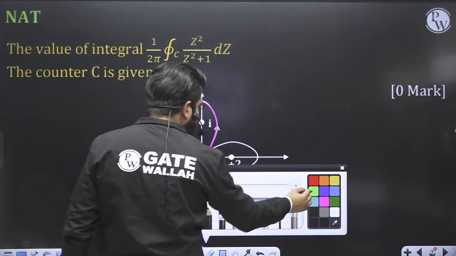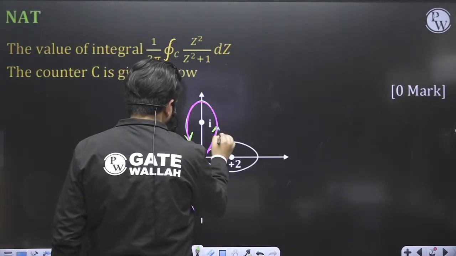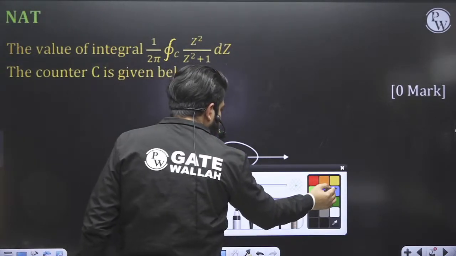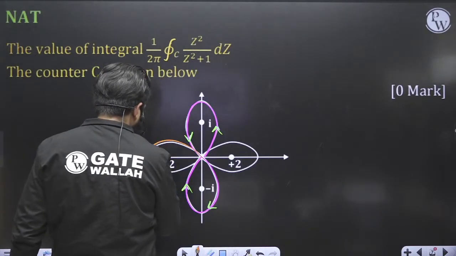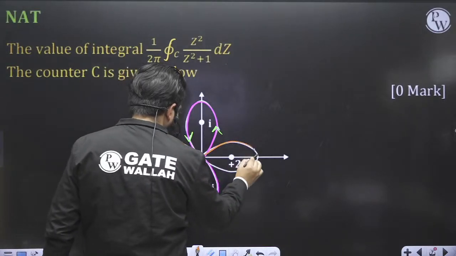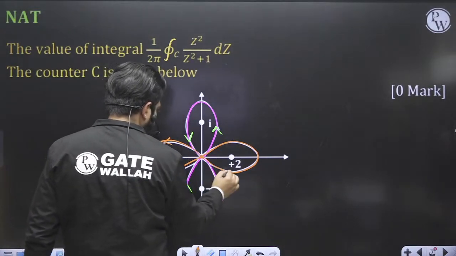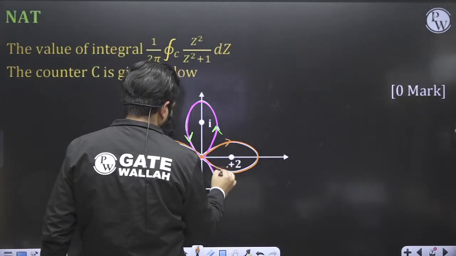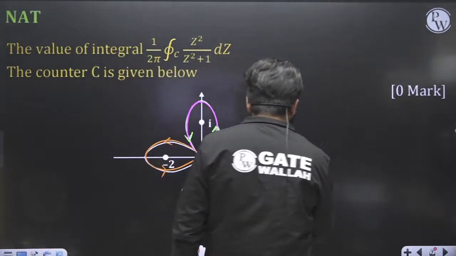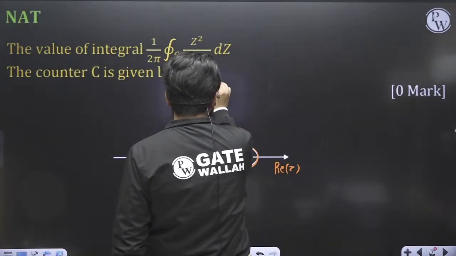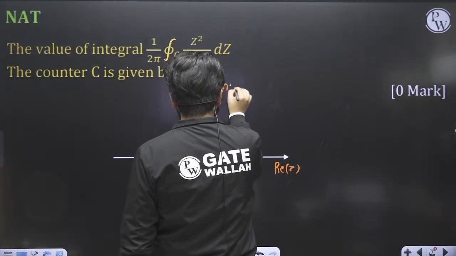And another contour is given like this. Okay. This is the contour in z plane. Real part of z, j times imaginary part of z.